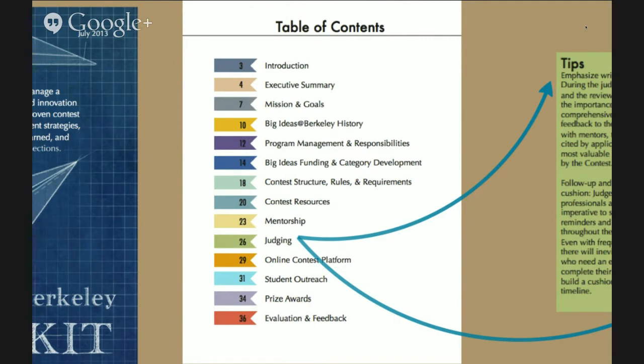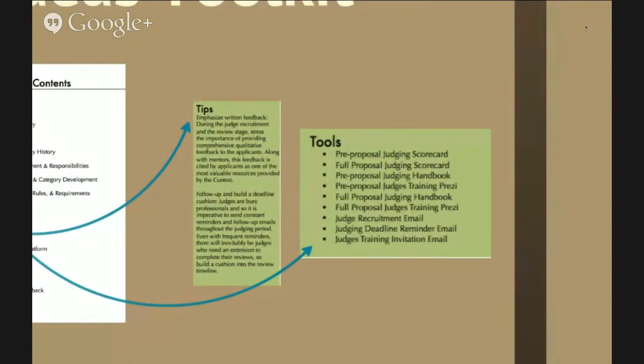Now, in each of these chapters, we summarize our tips, and we also provide tools, resources, and documents that anyone can borrow from. This is all open source material for anybody to borrow from to help them look at their competition or start a new competition.